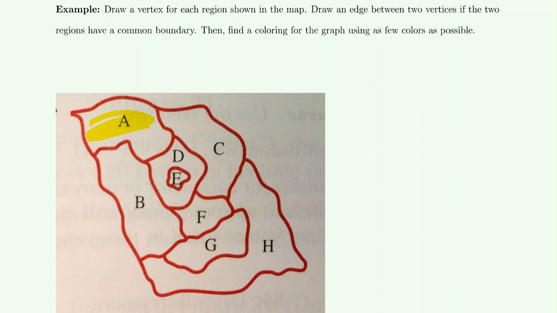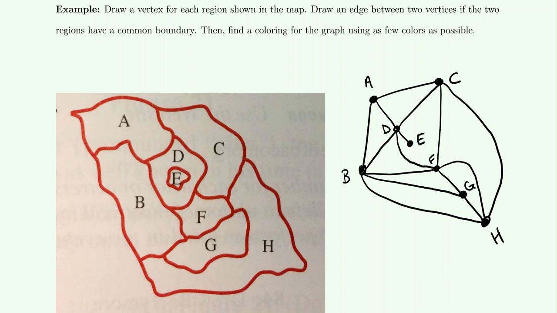So for instance, A and B can't both be yellow because they share a border. But A and F could both be yellow because they don't share a border. Now we could turn this map into a graph where for each country we give a labeled vertex, and countries are connected by an edge if they share a border.